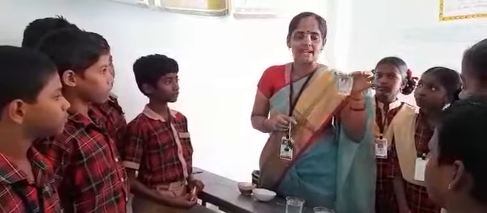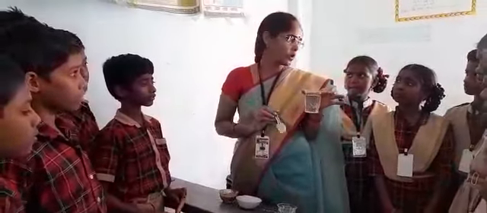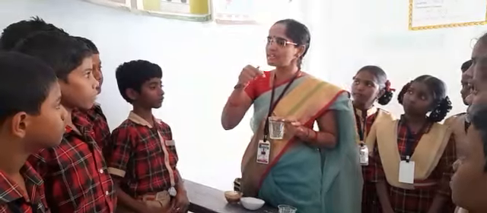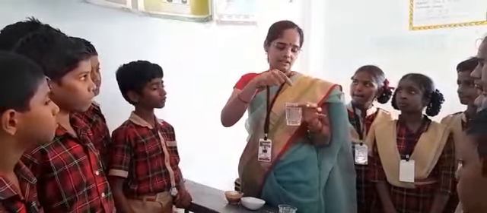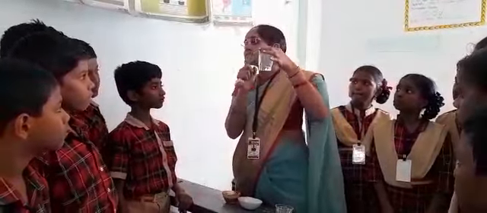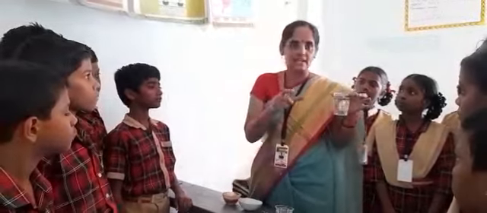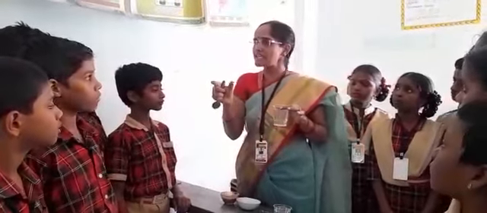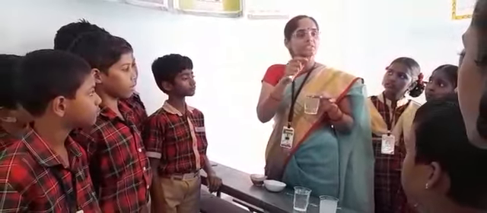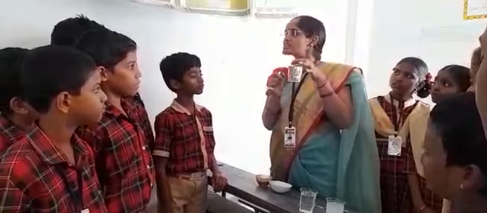Such a mixture we call a homogeneous mixture. Homo means same. The salt, which we have dissolved in a lesser quantity, is called the solute, and the water, which we have taken in the larger quantity, is called the solvent.